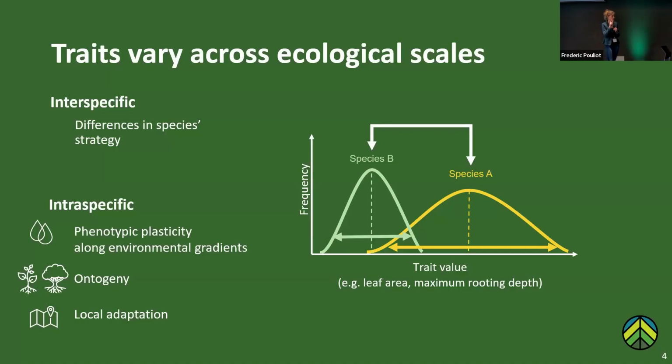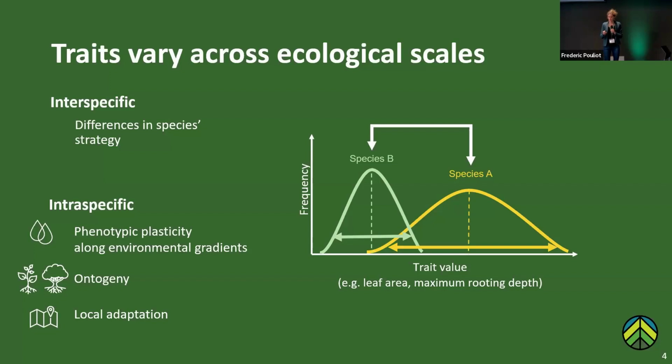That's what we call ontogenetic effects. Third, there might be some local adaptation. That is, a particular population that is really adapted to a given environment, and that will allow it to perform better in certain conditions.